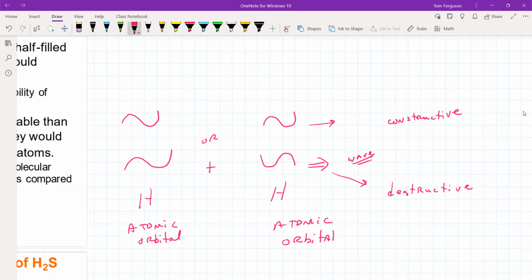Notice as we go through here, it goes peak, trough, peak, peak, trough, peak. So those are in sync with one another. Hence, you build a constructive version of that.